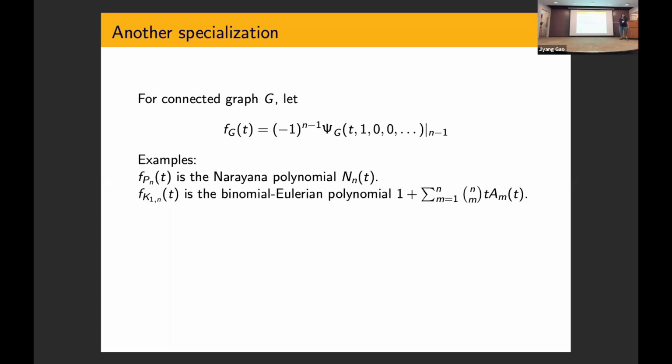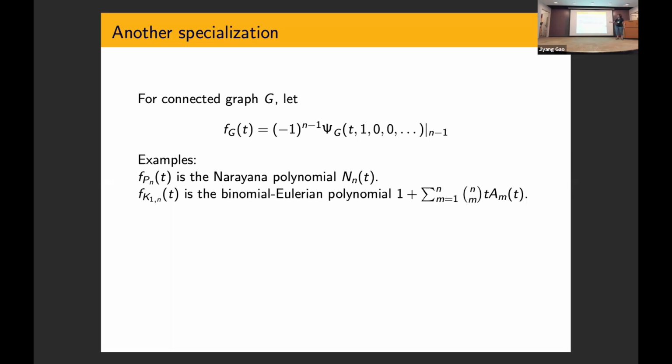And both of these polynomials arose in the work of Kozmakov, Reiner, and Williams, where they showed that these polynomials are the H polynomials. This was already known.